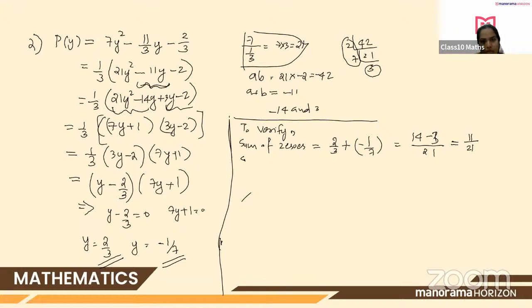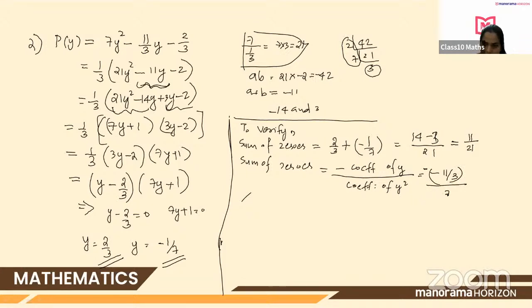And from the equation, we know that the sum of zeros is equal to minus of coefficient of y divided by coefficient of y square. So minus of coefficient of y is minus of minus 11 by 3, divided by the coefficient of y square, that is 7.